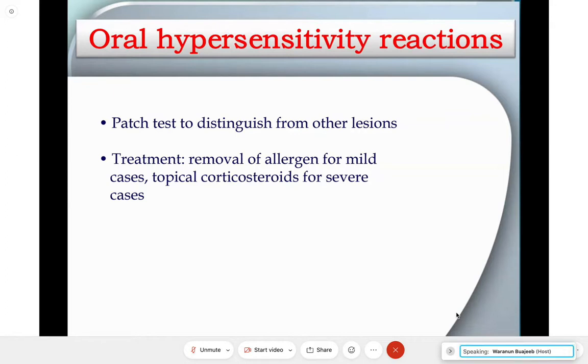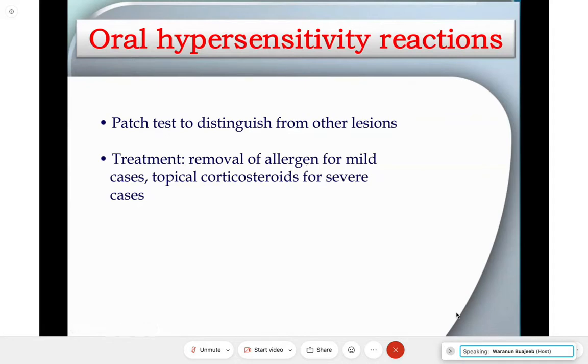After removal of those materials, the patient will be asked to come back after another 48 hours to see the allergic reaction. And we will have the report to make sure whether the patient is hypersensitive to that material or not. So in the mild case, just remove that allergen.